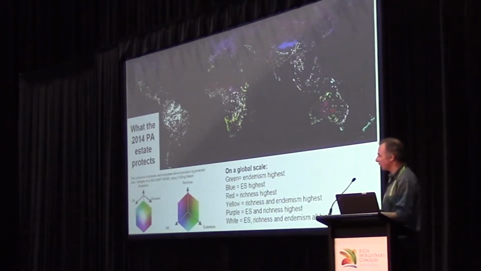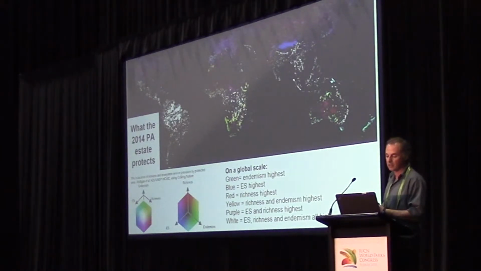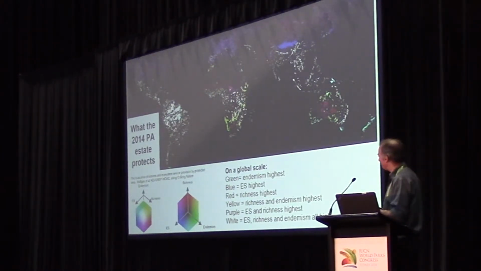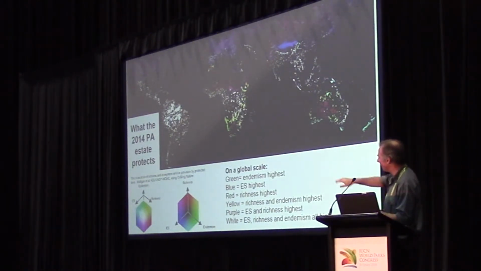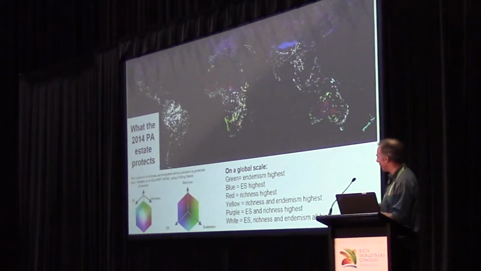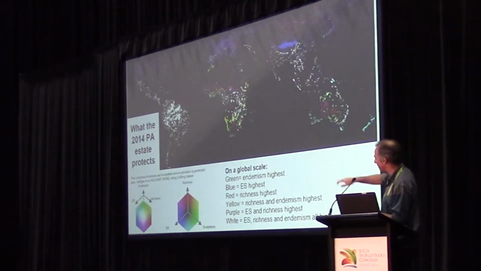This rather groovy map contains lots of colours, and what it's showing is in different colours the extent to which we're protecting endemism, ecosystem services. So endemism is in green, richness is in red, and ecosystem services are in blue.